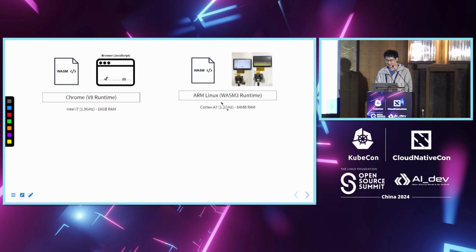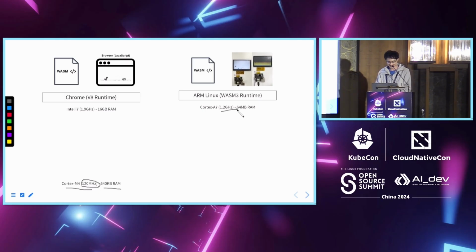But the problem is that ARM Linux is still Linux. What if we have only 600 kilobytes of memory rather than megabytes? And we have a much slower CPU. It runs on 120 megahertz rather than gigahertz.